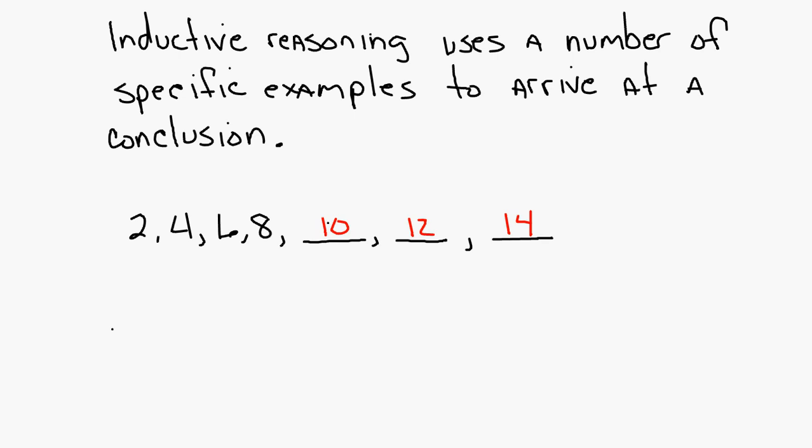It's a list of even numbers, or add 2 to the previous term. But it's called using inductive reasoning to make a conjecture. That's what you have to understand. So, conjecture: a concluding statement or a statement reached using inductive reasoning.